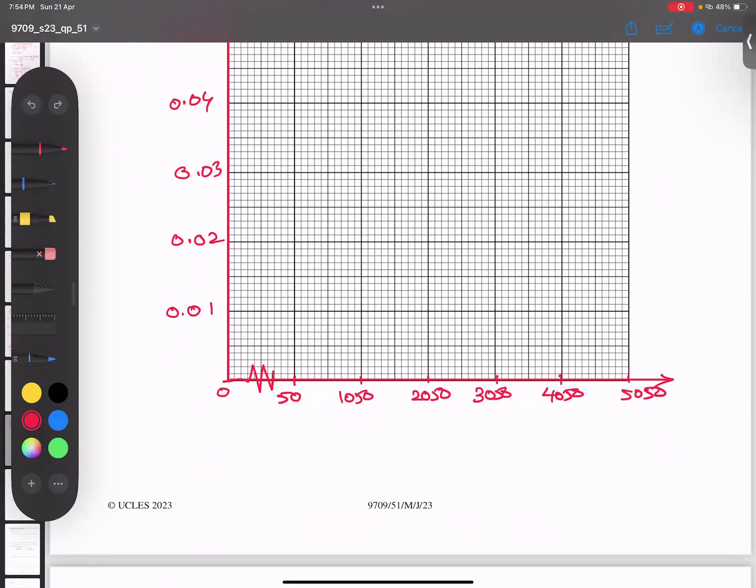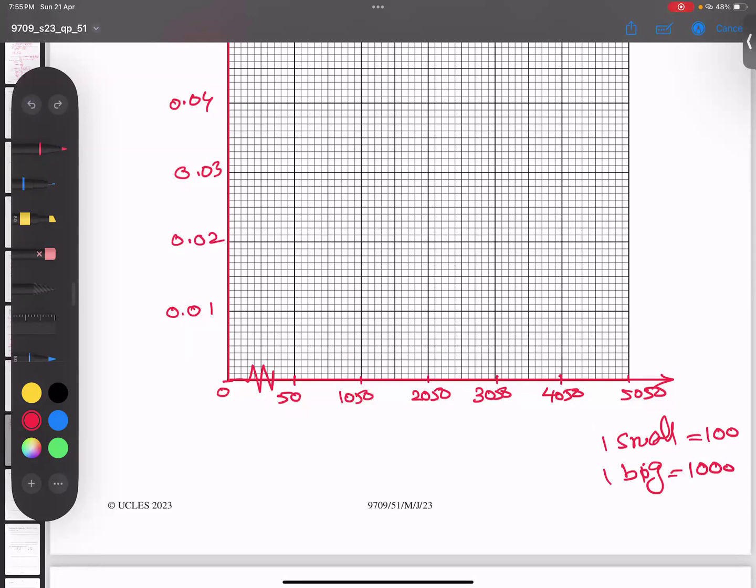So make sure one small box is actually equal to 200. It's a little bit tough to do. And one big box is what? One big box is equal to 1,000. So that is why, starting from 50, I got 150. I think you got the point.